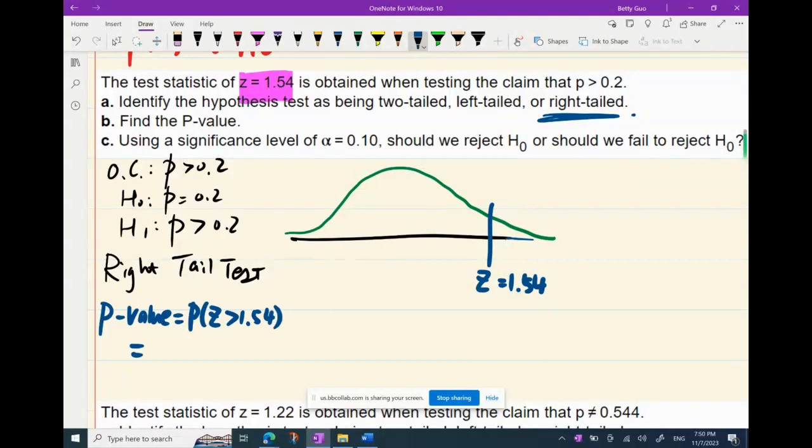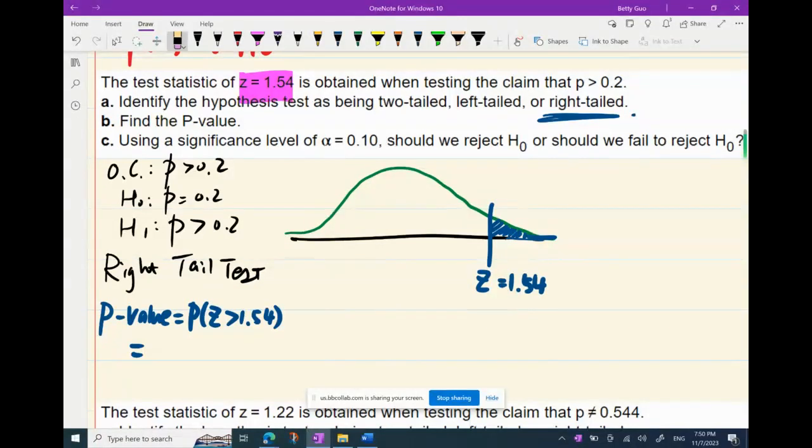The p-value is the area of the region to the right of the test statistic. Knowing this is not a critical value: a critical value always has a subscript, either Z sub alpha or sometimes Z sub alpha over 2, but a test statistic doesn't have any subscript.